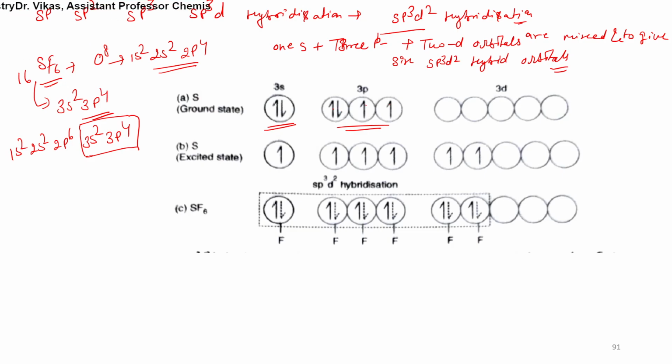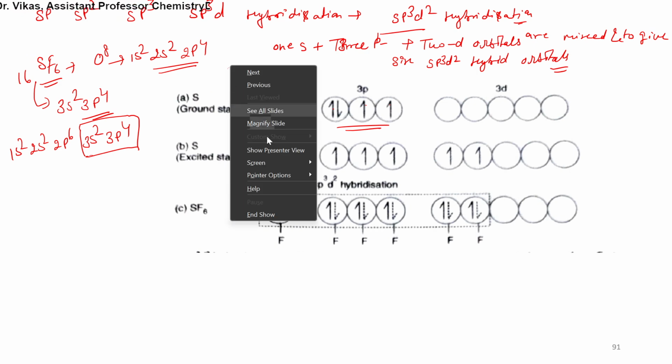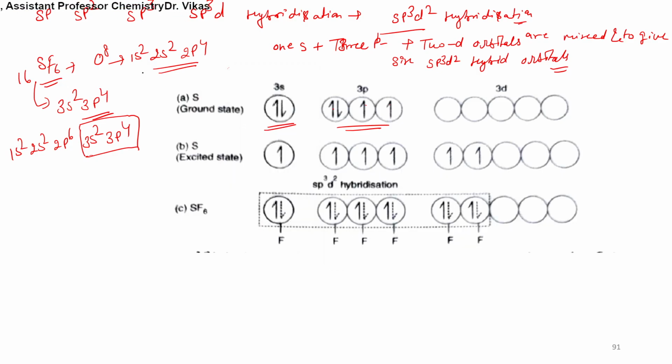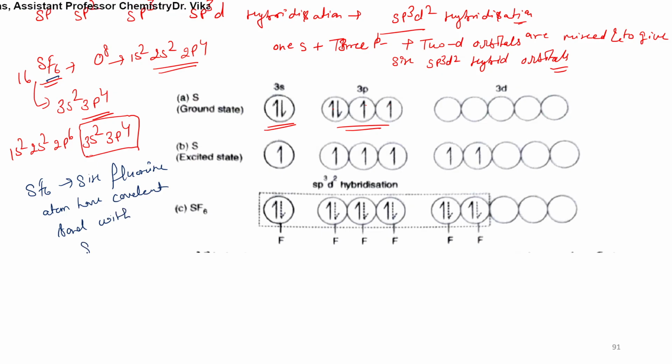Okay, but as you can see, in SF6, 6 fluorine atoms form covalent bonds with sulfur.